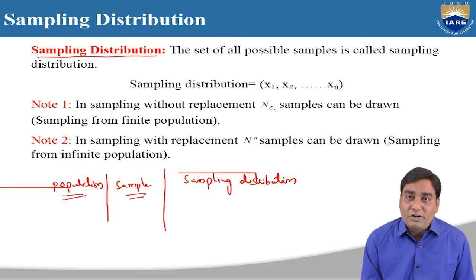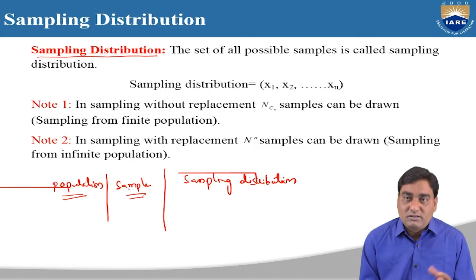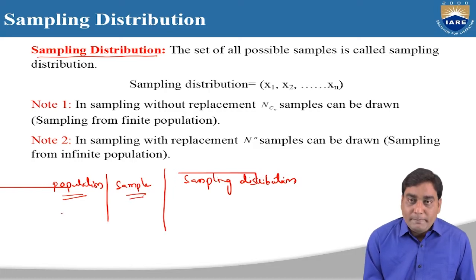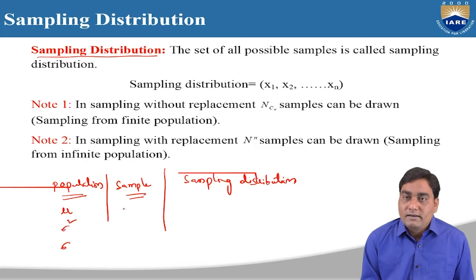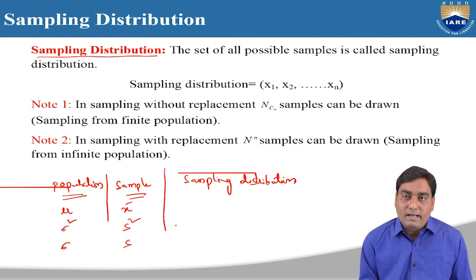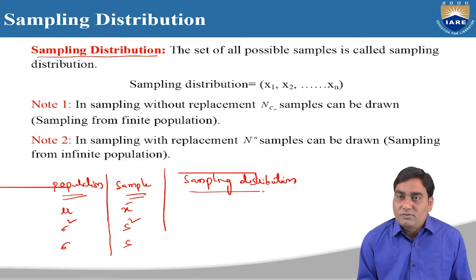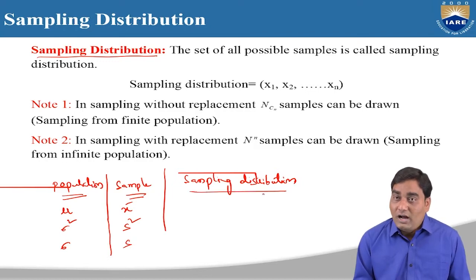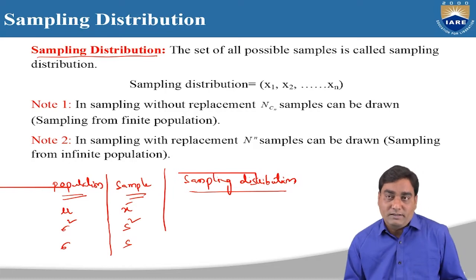What is meant by population? The collection of objects; the sample is a subset of the population. The mean is mu, variance sigma square, SD sigma. Here x bar is the mean of the sample, s square the variance of the sample, s the SD of the sample. Similarly, we are going to discuss what is sampling distribution and what are the mean, variance and standard deviation of the sampling distribution.